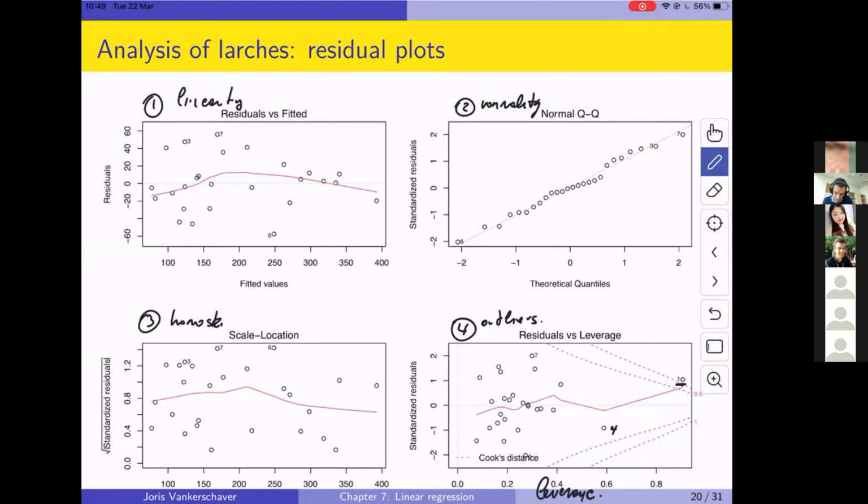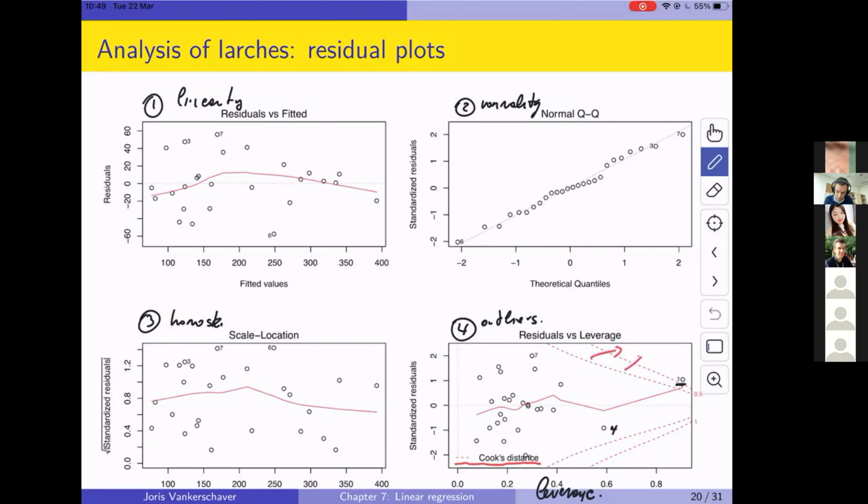And what we see furthermore on the plot are these dashed lines. And these dashed lines indicate Cook's distance. So it's actually written on the figure here. And the way to read this plot is that basically anything that is to the right of the dashed lines is an outlier.